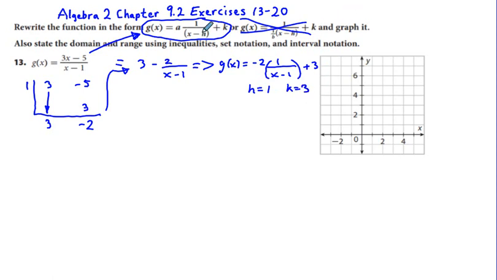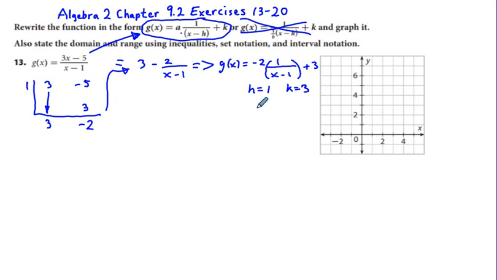And this comes from this standard form, where h is the value that translates the function left or right. a is the one that deals with the vertical stretch or compression, or in this case we have negative 2, meaning that we're going to have an upside down, reflected about the x-axis type of situation, and k is the vertical translation.